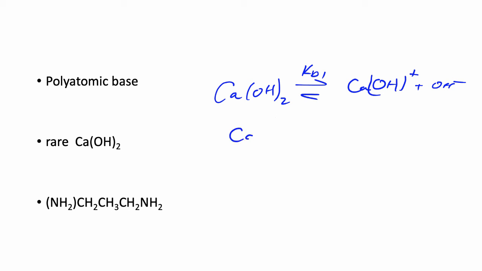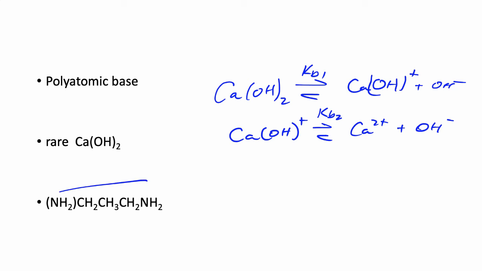And then we have the second base dissociation, where we end up with Ca2 plus and OH minus again. And this is Kb2. And we have these types of reactions occurring.